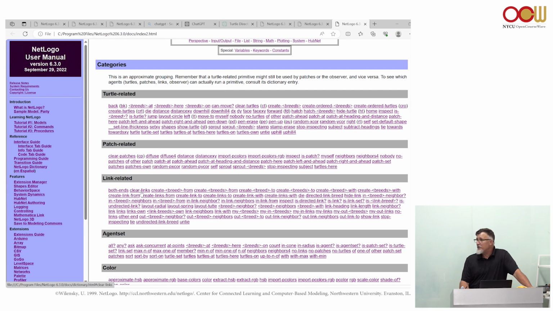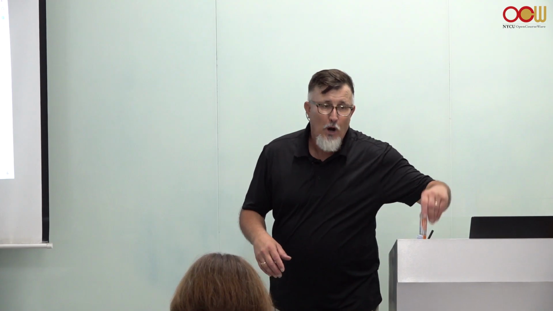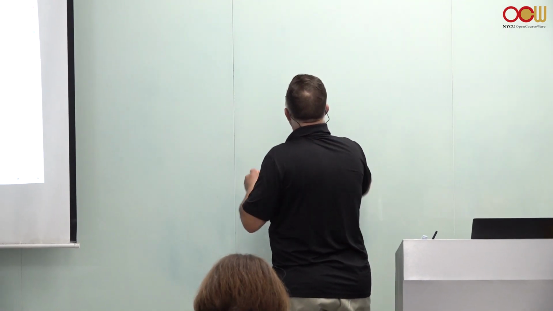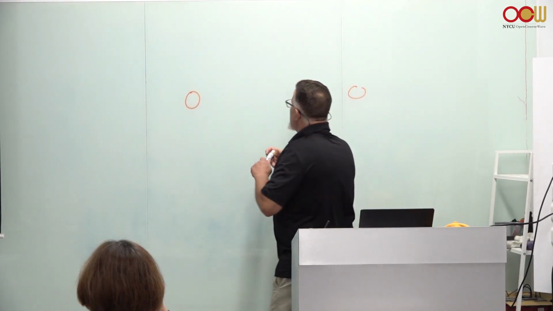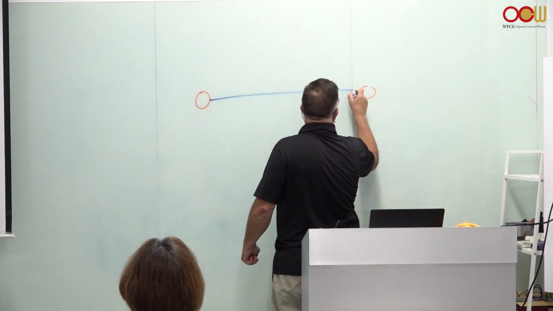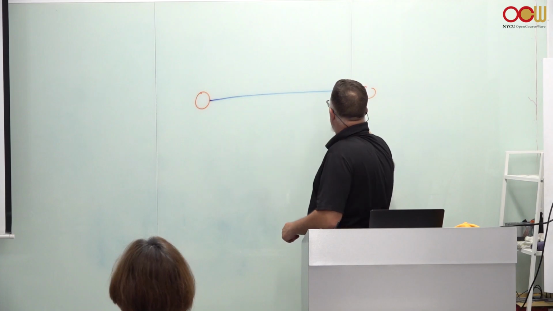Links are a thing unto themselves. They're also classified as an agent. But if you look at the various kinds of commands, you'll see that they're very different. That's because their properties are all tied to establishing a relationship between two turtles, right?